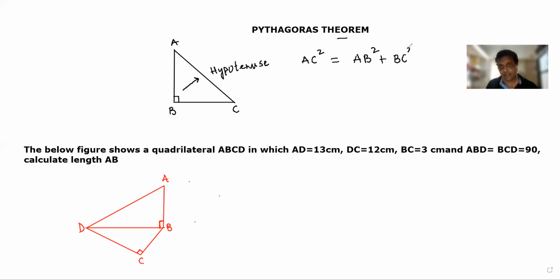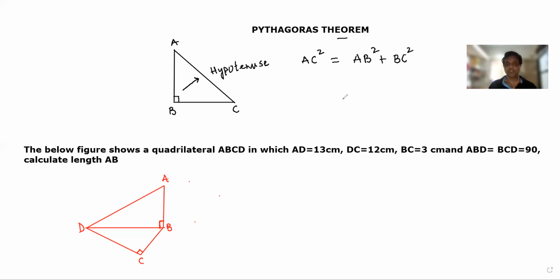This is the simplest, easy to understand Pythagoras theorem, nothing more. I again repeat the theorem. The theorem says that the hypotenuse square is equal to the sum of the other two side squares.